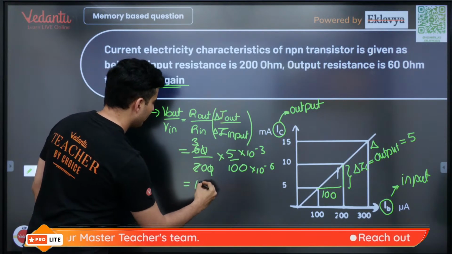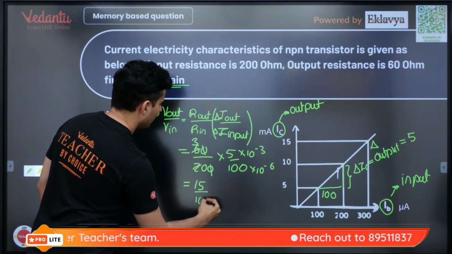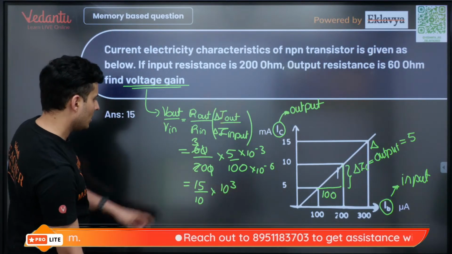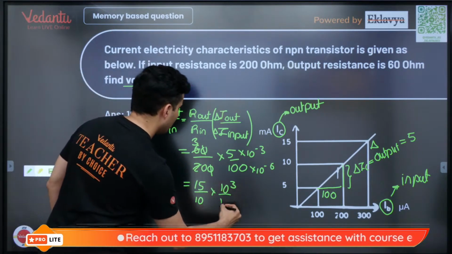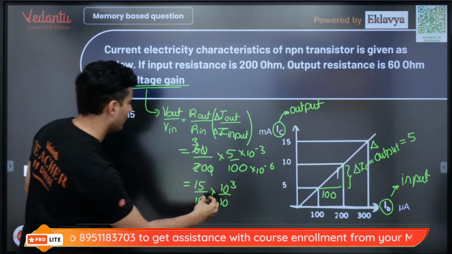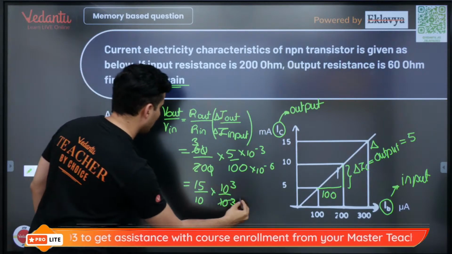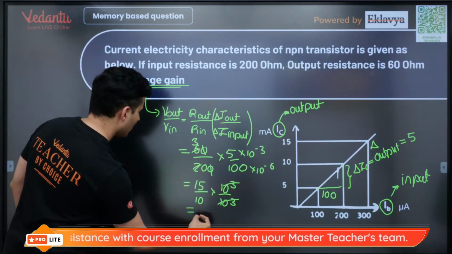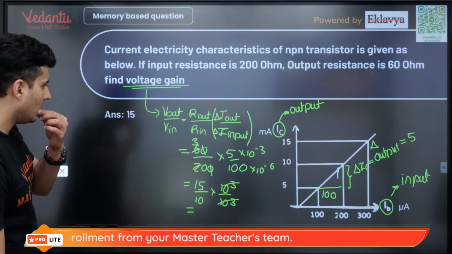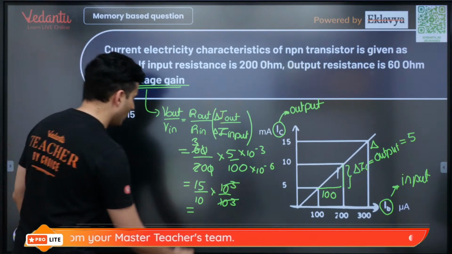So this will become 15 by 10 into 10 to the power 3. You also have 10 to the power 3 over here, so 10 to the power 3, 10 to the power 3 goes. Just check if it is coming out to be 1.5.